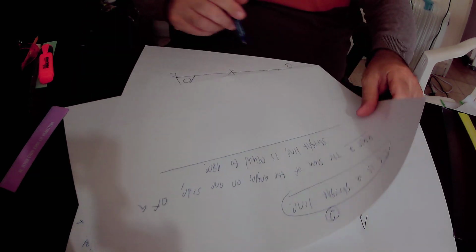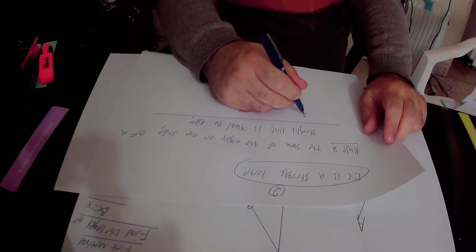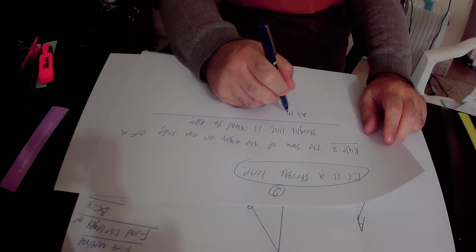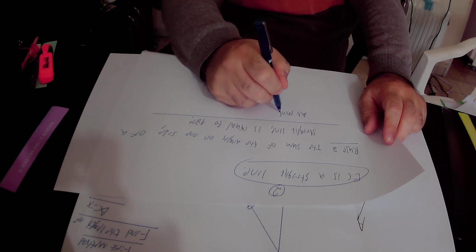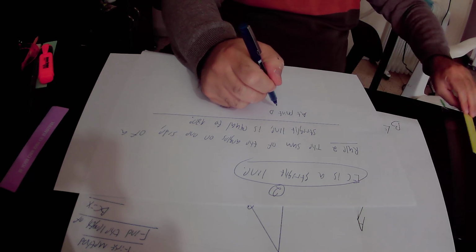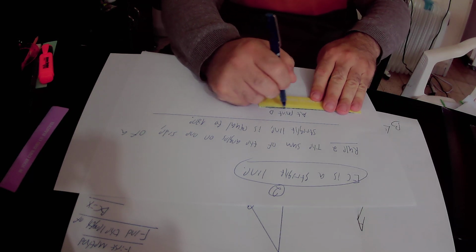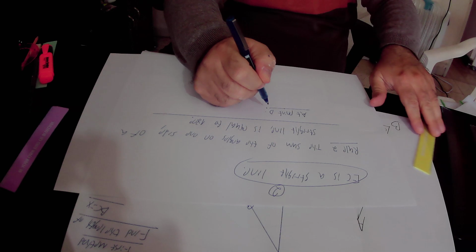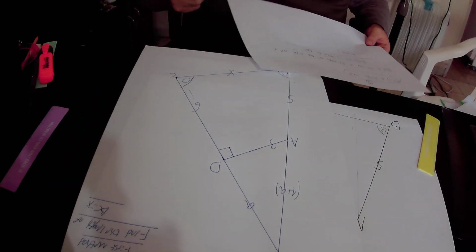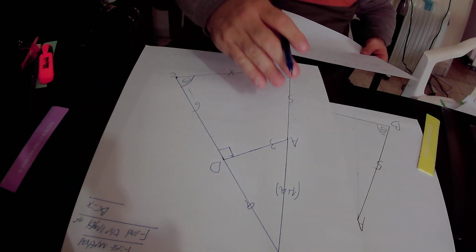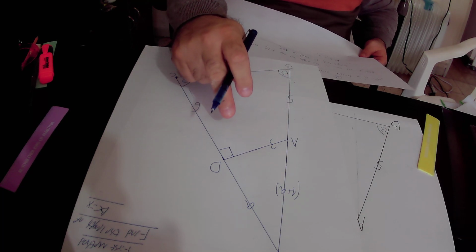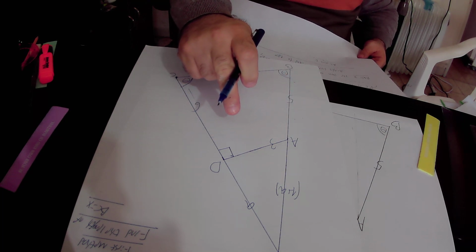So at point D, at this side of point D, the sum of the angles must be equal to 180 degrees.